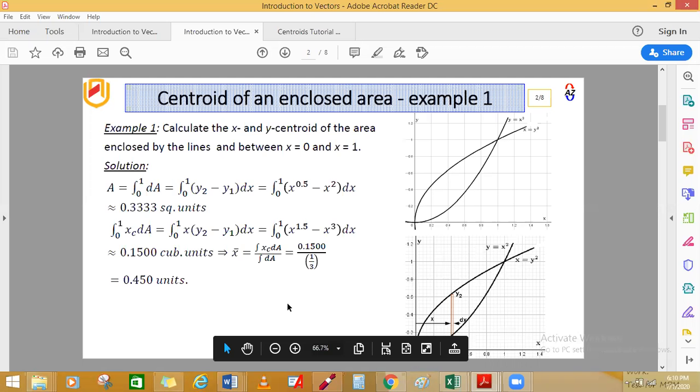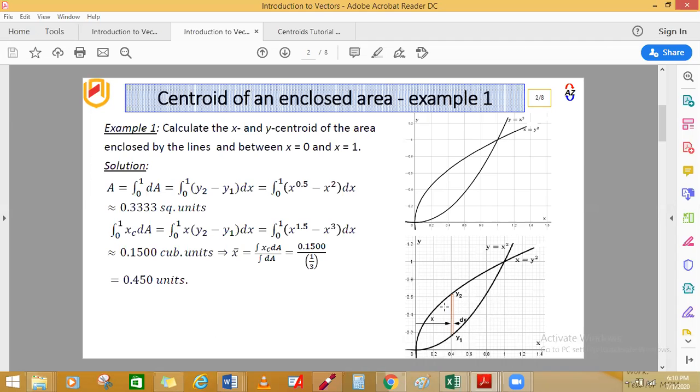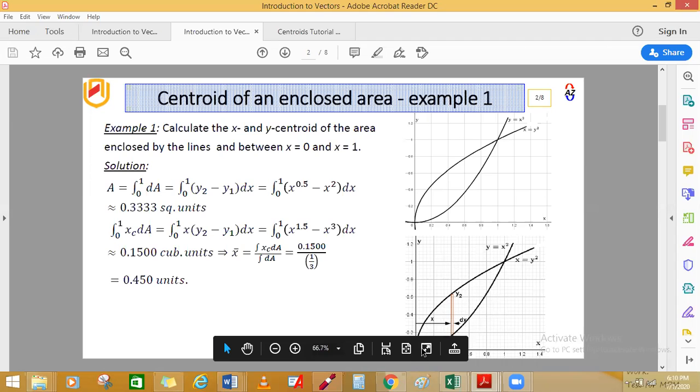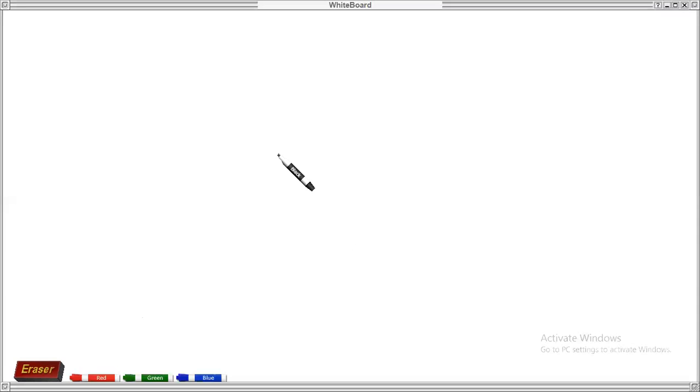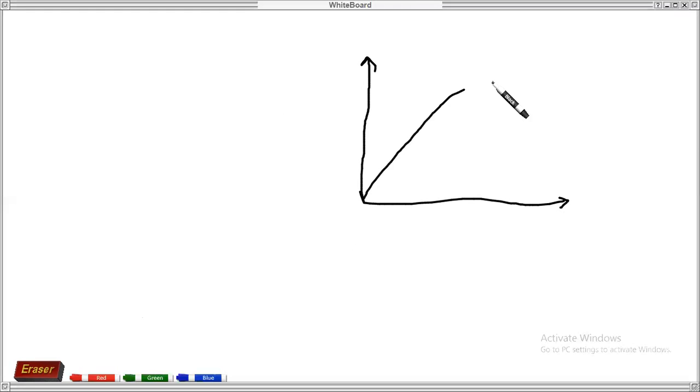Okay, so here, you can see that they've given you this drawing. You are actually just trying to find the centroid if you are to move this area along. Let me just draw it quickly here. One shape that goes like this, then the other one that goes like that.